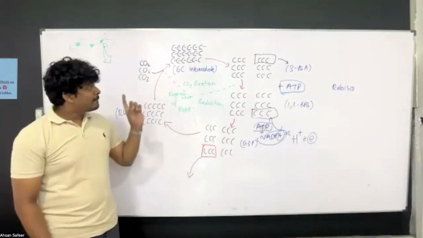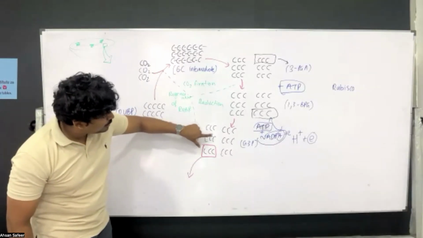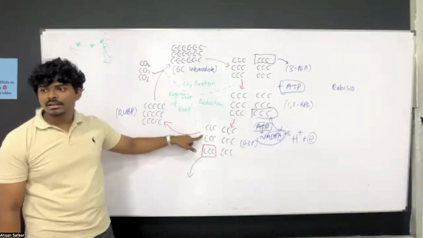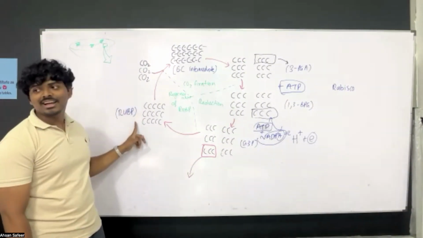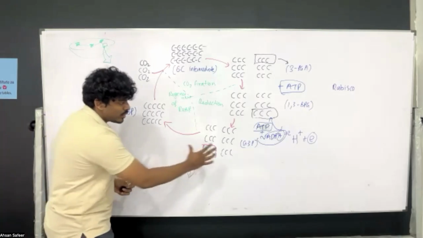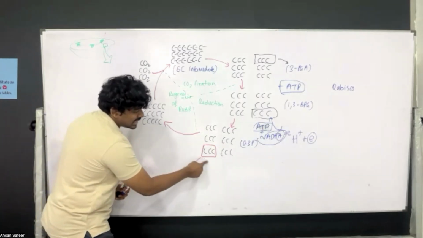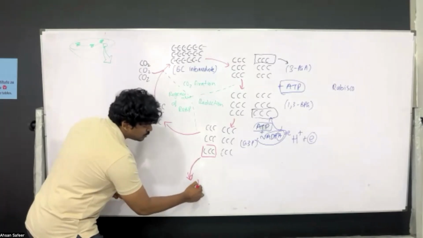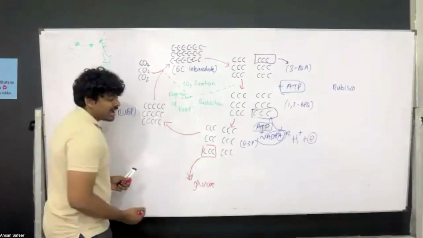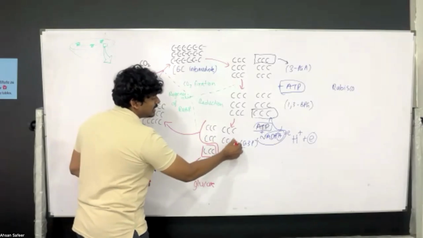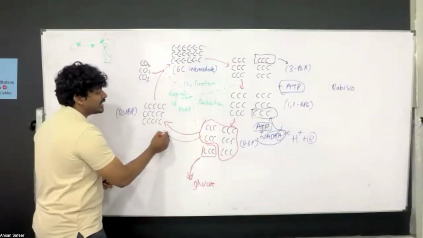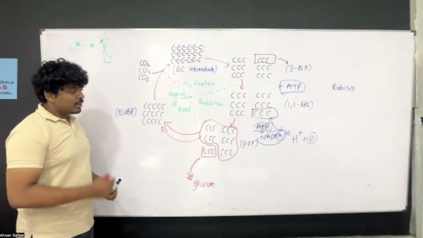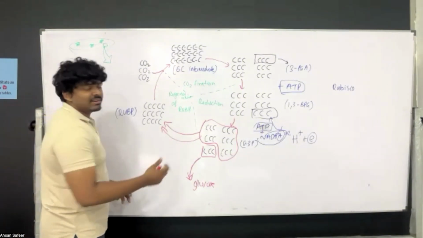But if you have 5 multiplied by 3, that is 15. So you can see that one glyceraldehyde 3-phosphate can leave to generate glucose. Because the remaining is involved in regenerating RuBP.